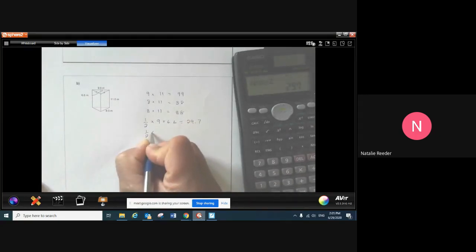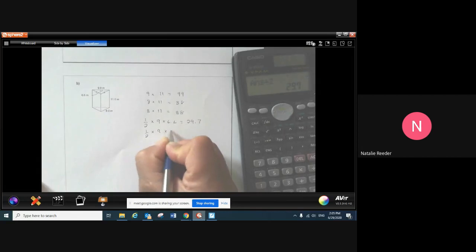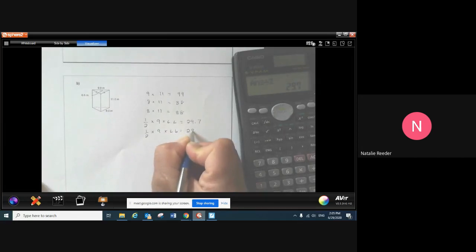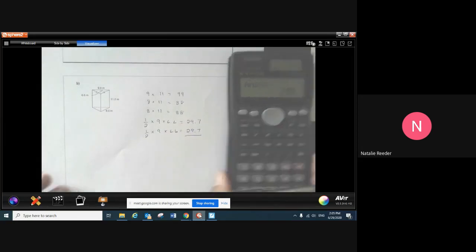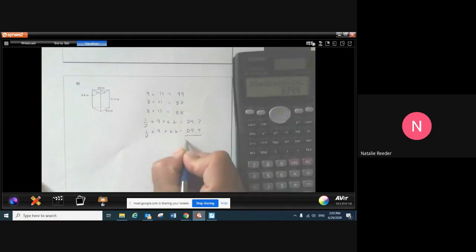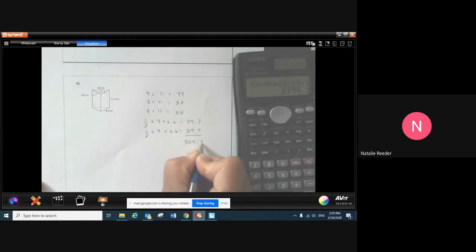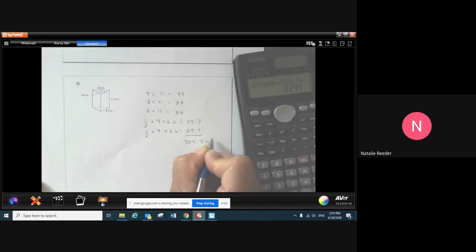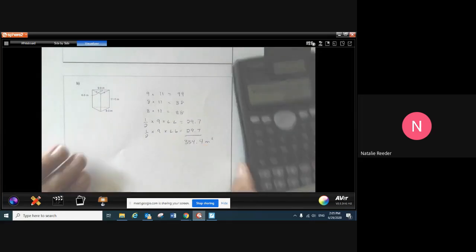Now the bottom face will give me the same thing. So now I can add all those together. 99 plus 88 plus 88 plus 29.7 plus 29.7. So it gives us a total of 334.4 meters squared.